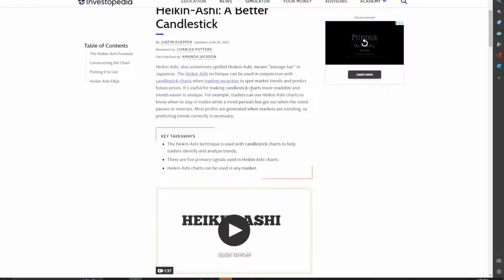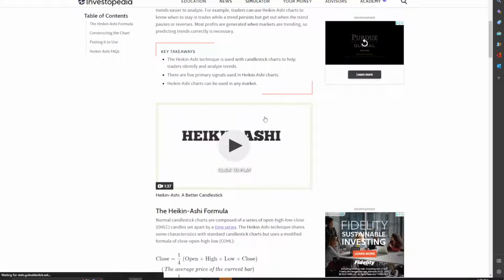It's useful for making candlestick charts more readable and trends easier to analyze. For example, traders can use Heikin Ashi charts to know when to stay in trades while the trend persists, but get out when the trend pauses or reverses. Most profits are generated when markets are trending, so predicting trends correctly is necessary.